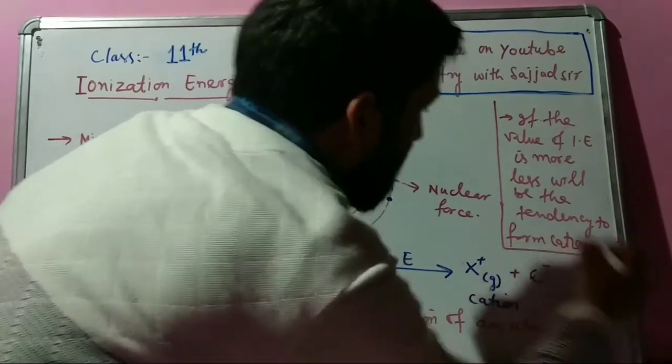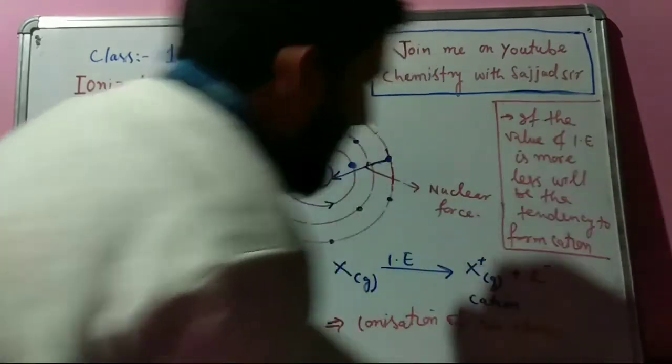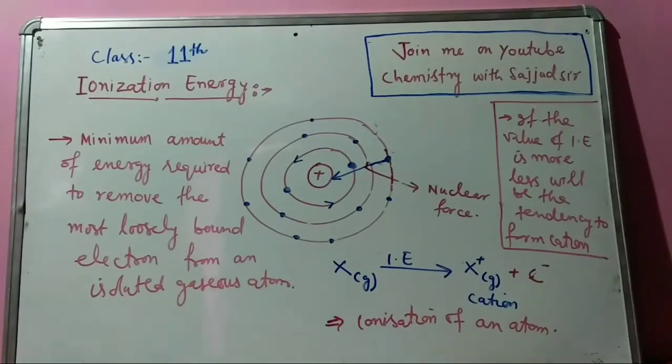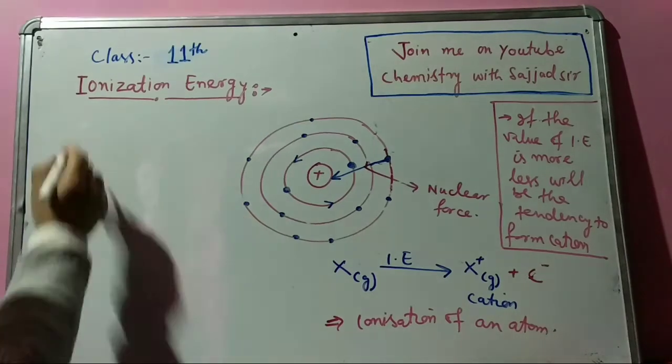So the tendency of an element to form cation or to lose electrons depends upon the value of ionization energy. So this was about the ionization energy.